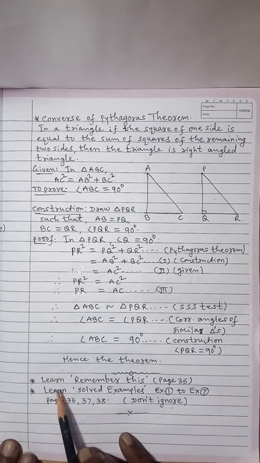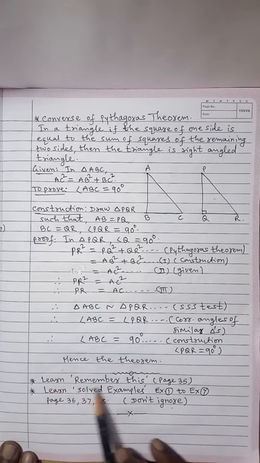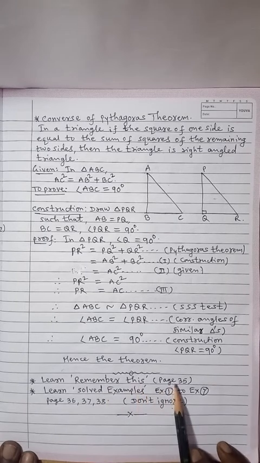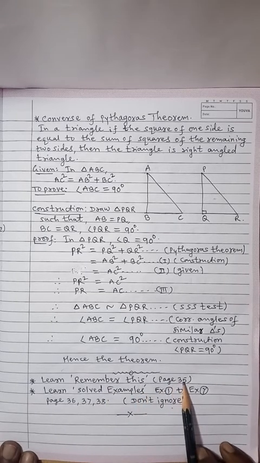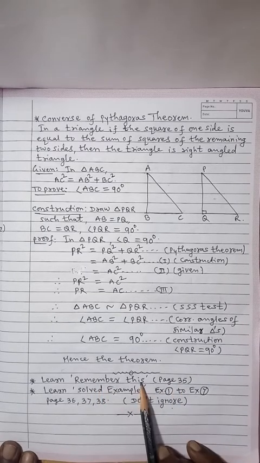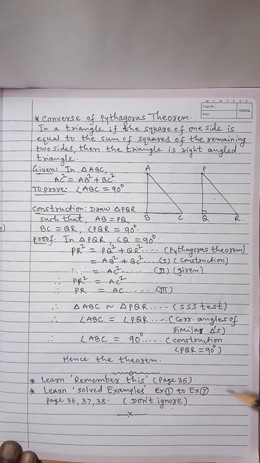Now here, note, learn, remember this page number 35. Yes, there are, I think, 5 results there. Remember this. All results you have to learn carefully because that is the revision summary.